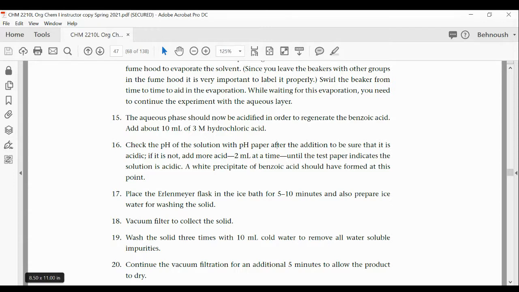If the solution is basic, it's going to stay in benzoate form. If it's acidic, it goes to benzoic acid. Benzoate is soluble, so you cannot do anything to change it to the precipitate or crystals. You cannot crystallize it. It would only crystallize if it's in acidic solution. So that's why you have to test the pH.